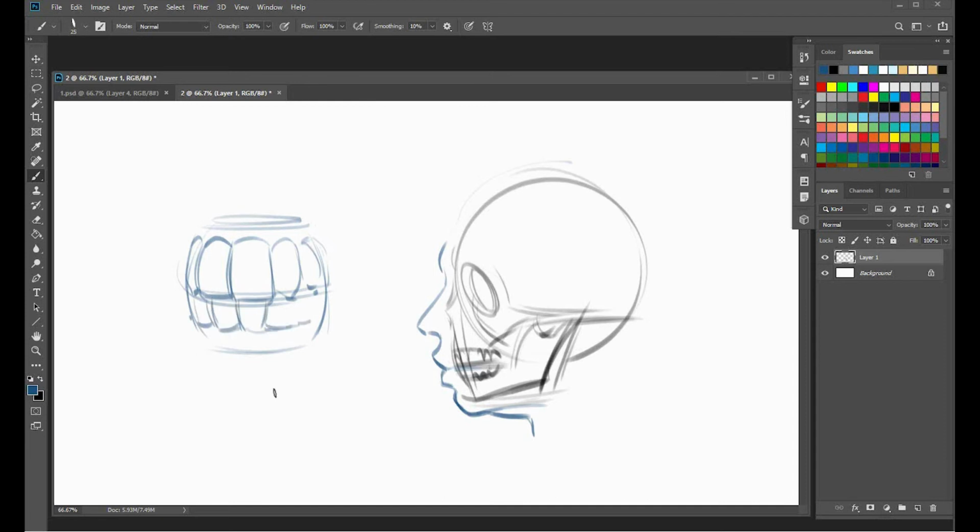This is the general shape of the teeth. It has a cylindrical shape, so the lips are on a curved wall, not straight.